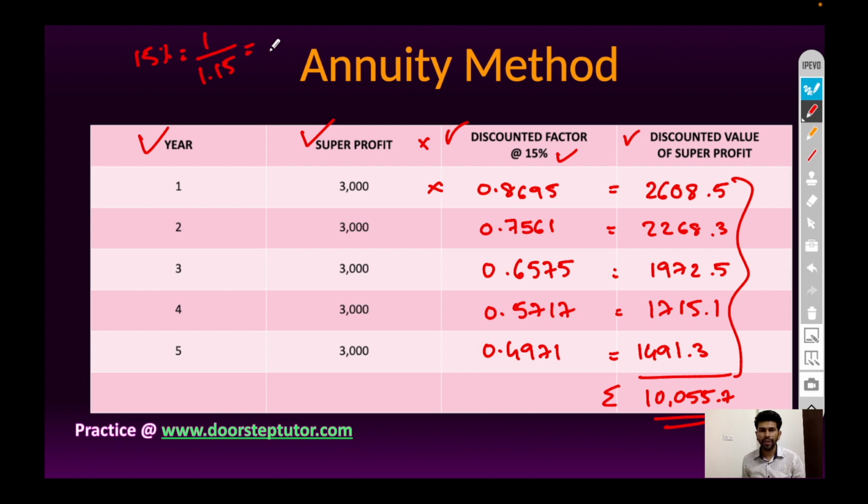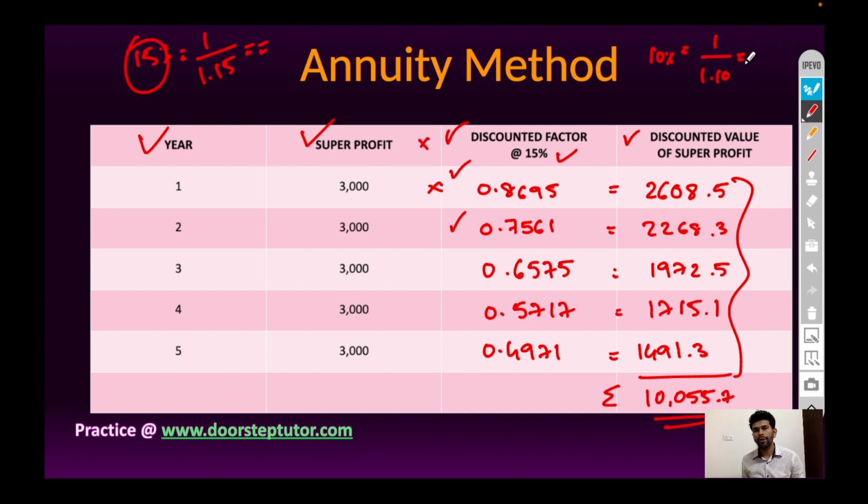When we press equal sign, we will get discounted factor for the first year. Click equal sign one more time, we will get discounted factor for another year. Likewise, if discounting factor is 10%, then we calculate 1 divided by 1.10.